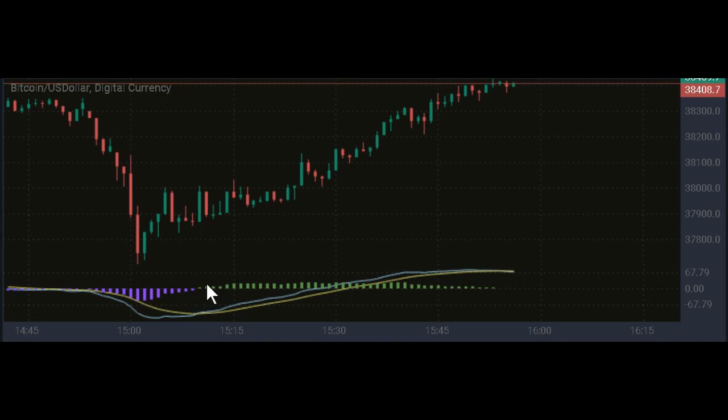When you see the bars change colors, okay? On some platforms, it might be red when it's below the 0 on the histogram, and green when it's above the 0. But either way, just look for the histogram to change from going down to going up, or changing colors, usually to green or something to that effect. But you can also look for the crossover or cross above in the lines if you want to instead.